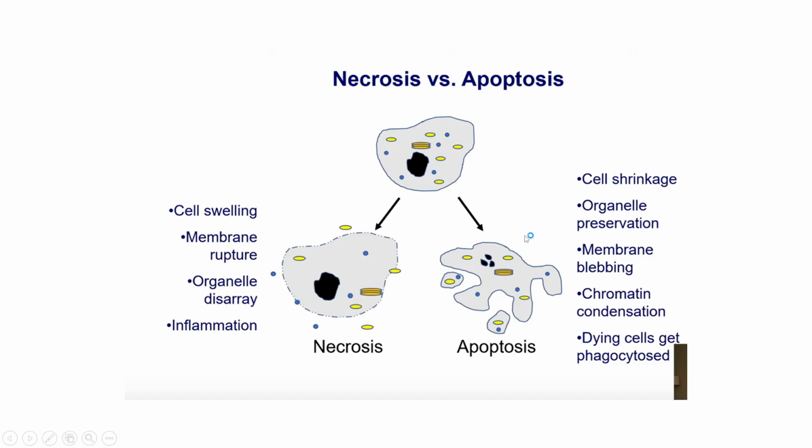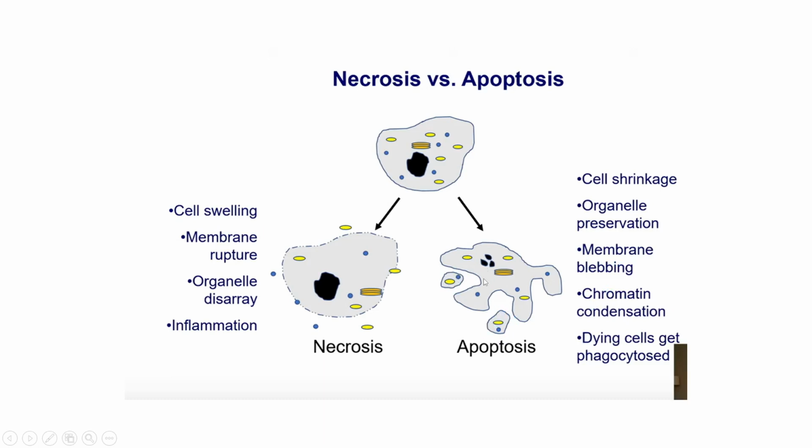Whereas in apoptosis, the cells shrink. Okay, it loses its volume, and the organelles are preserved in that case. In apoptosis, the organelles are not damaged. Membrane blebbing occurs. Chromatin is condensed, and the dying cell gets phagocytosed.